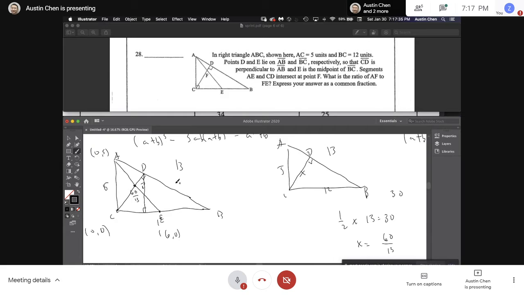This is because, let's label the angle at B with 1 tick mark and the angle at A with 2 tick marks, and know that they're complements of each other, right? Okay. Now CDB, that's a right triangle, right?